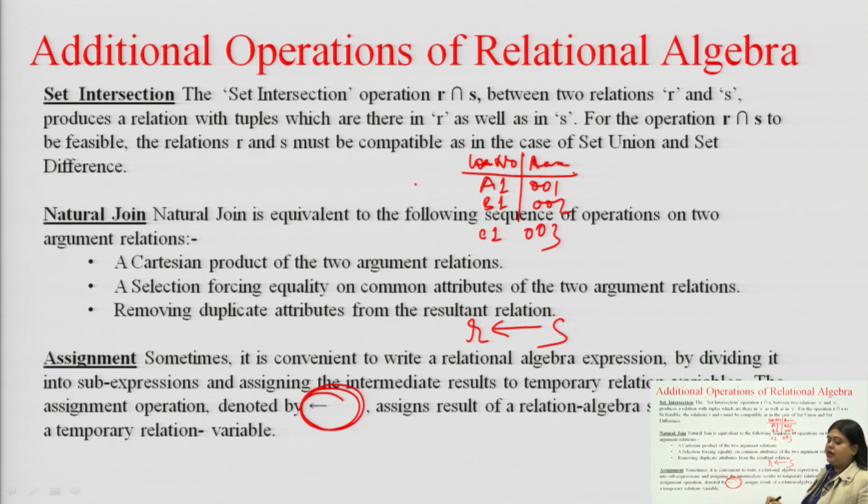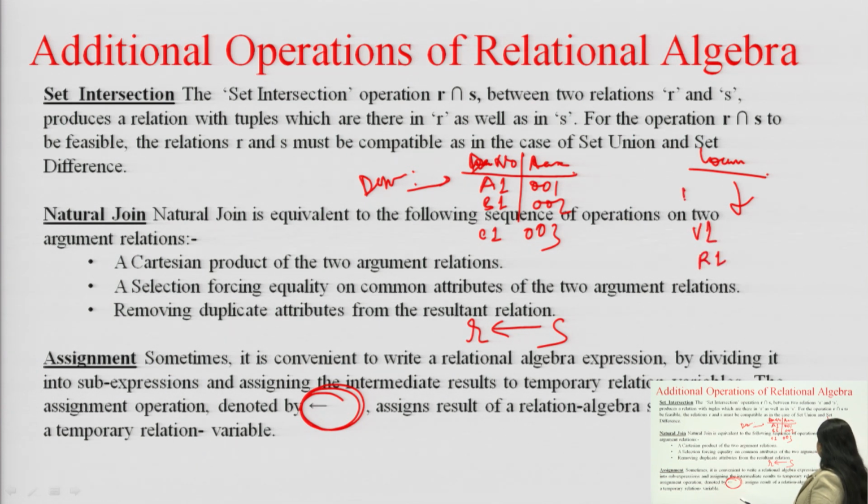And let us have another relation, this was your deposit table, and let us have a loan table, with V1, R1 as the loan number and the account numbers 007 and 008.